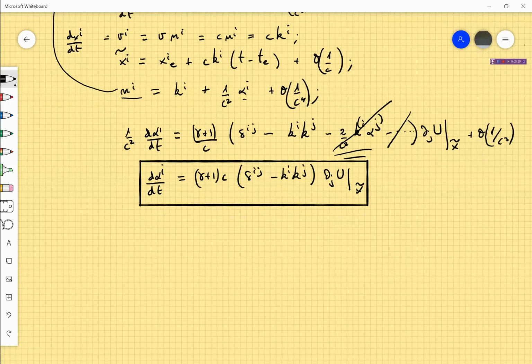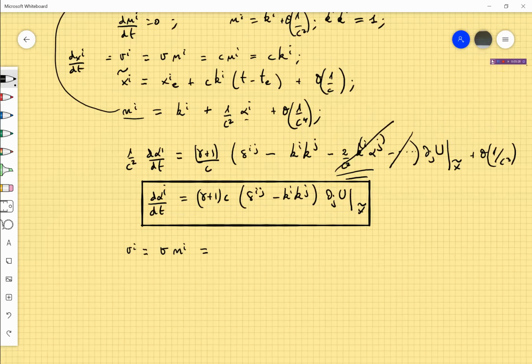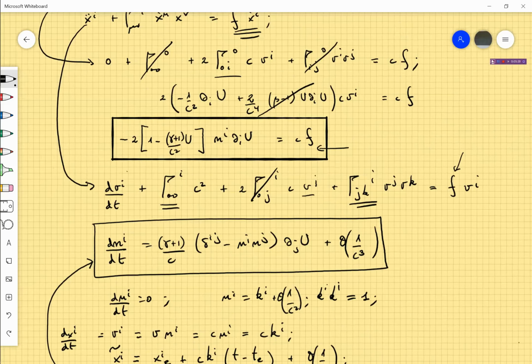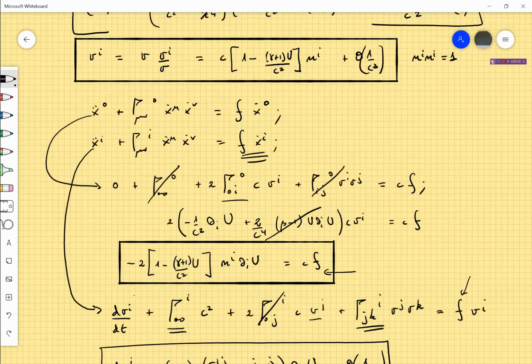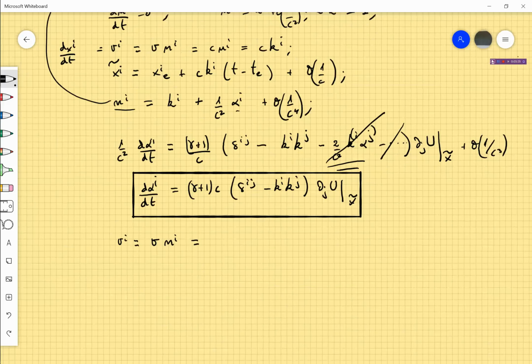We can reconstruct Vi. So Vi is V times Ni, and V is given by c times 1 minus (gamma plus 1) u divided by c squared, and Ni is ki plus 1 over c squared alpha i plus terms of higher order.